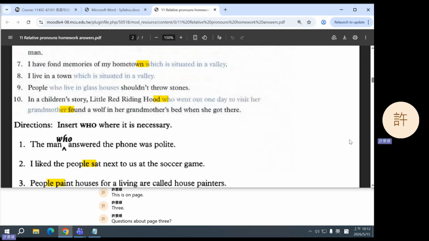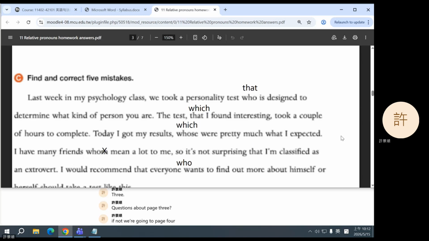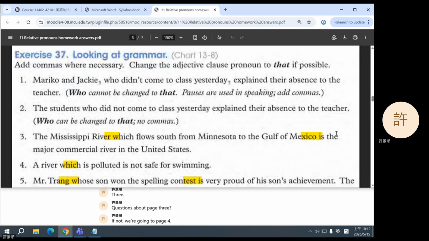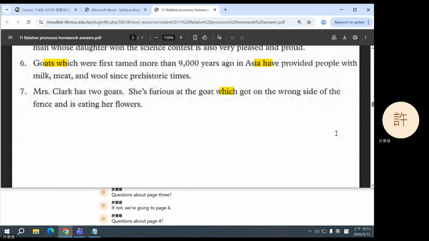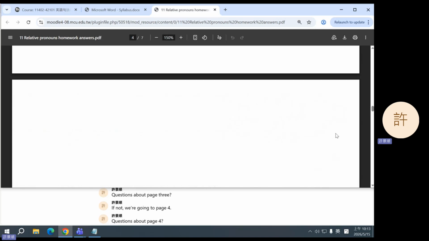If not, we're going to page 4. Questions about page 4? Yeah, that's the homework, page 3 and page 4.